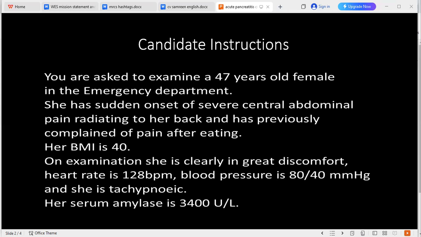Please tell me, considering the patient's situation, what is your provisional diagnosis? This patient has acute pancreatitis. And what other differential diagnoses would you consider?